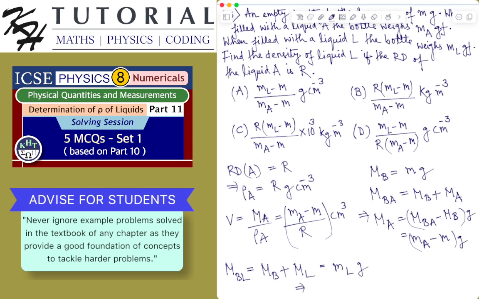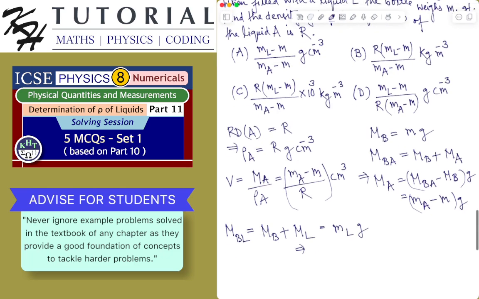So the mass of the liquid L is ml minus m gram. So the mass of the liquid completely filling the density bottle is ml minus m gram.